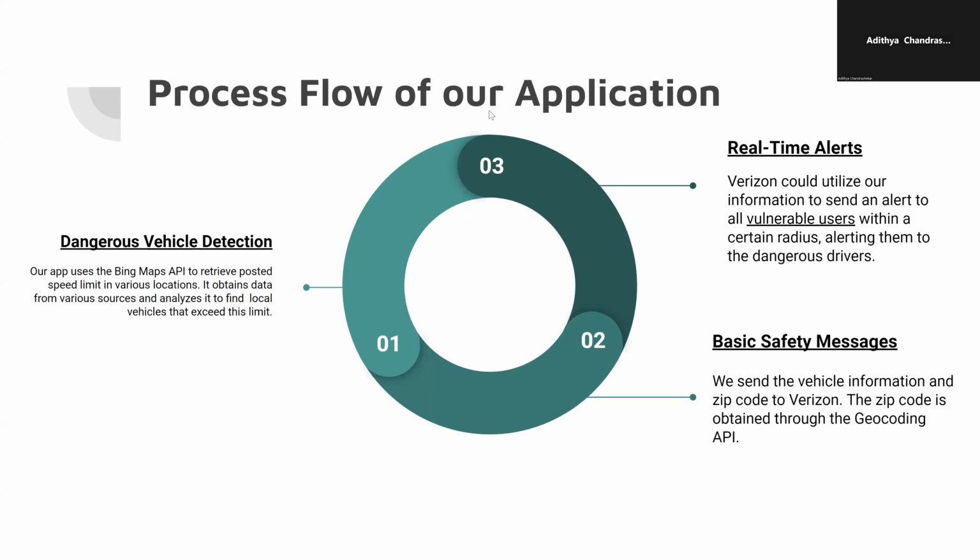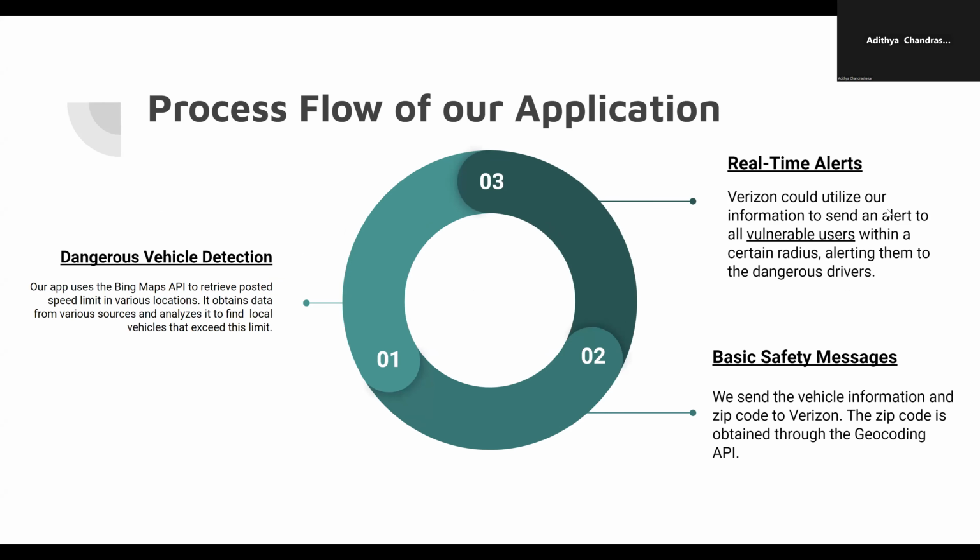So the process flow of our application is fairly simple. First of all, we're going to get the BSM data from Verizon or any other source. Once we get the data, we're going to use Bing Maps API to query the speed limit for a given location, as well as convert the latitude and longitude to usable metrics and then calculate the actual speed of the vehicle.